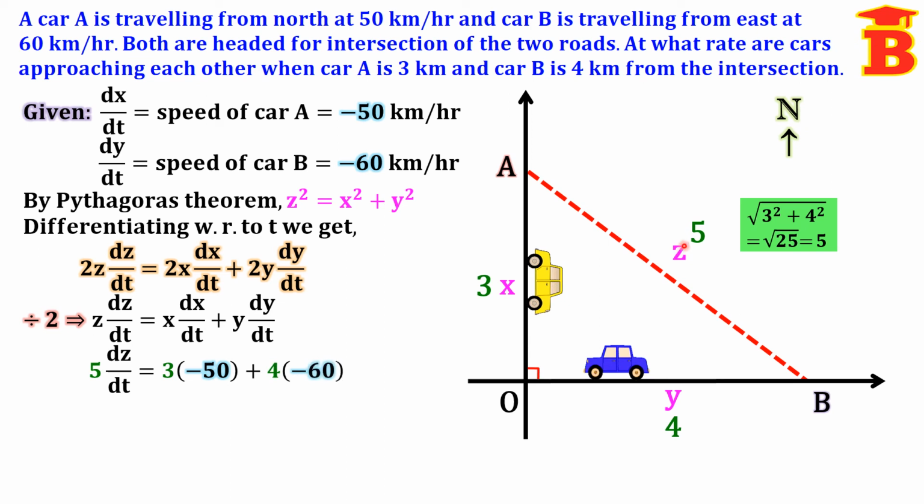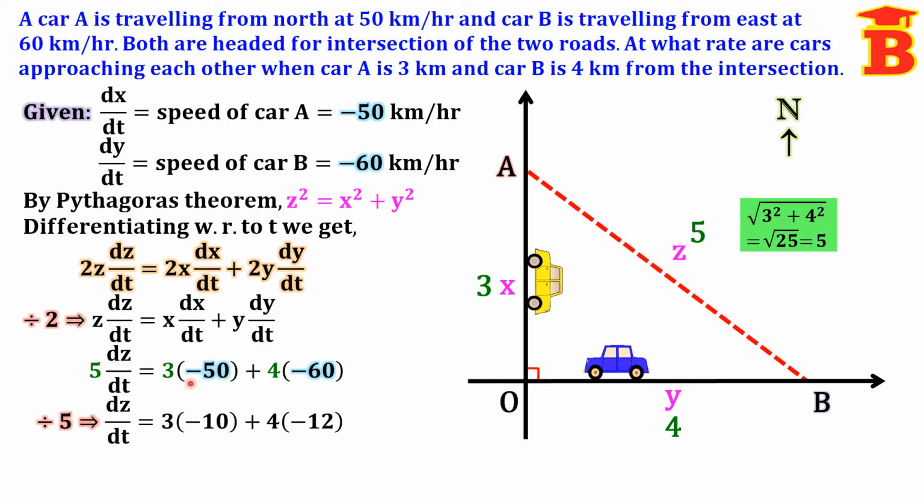Left side, z value is 5 into dz by dt equal to x value 3 into dx by dt, which is minus 50, plus y value 4 into dy by dt, which is minus 60. Simplify and get the answer. Here the next easy step is to just divide by 5. So on the left side 5 cancelled.